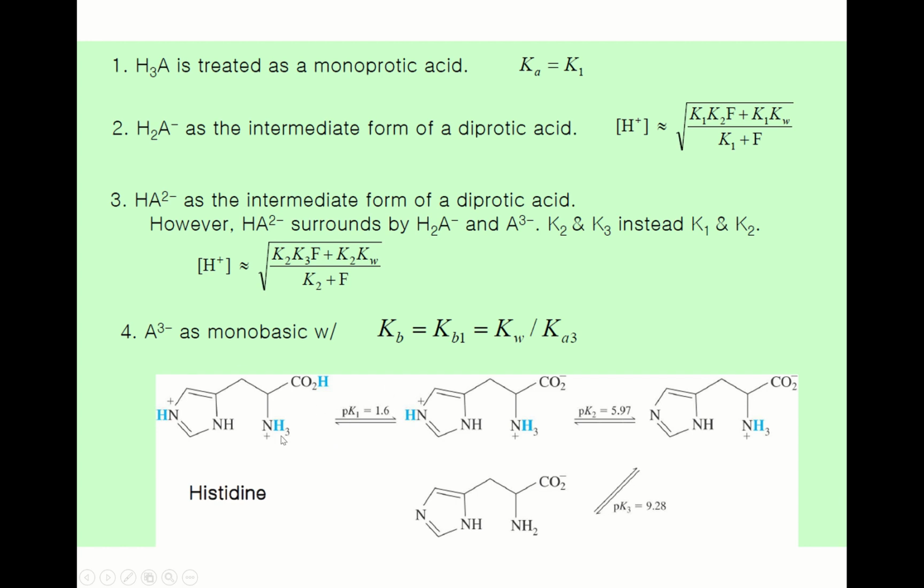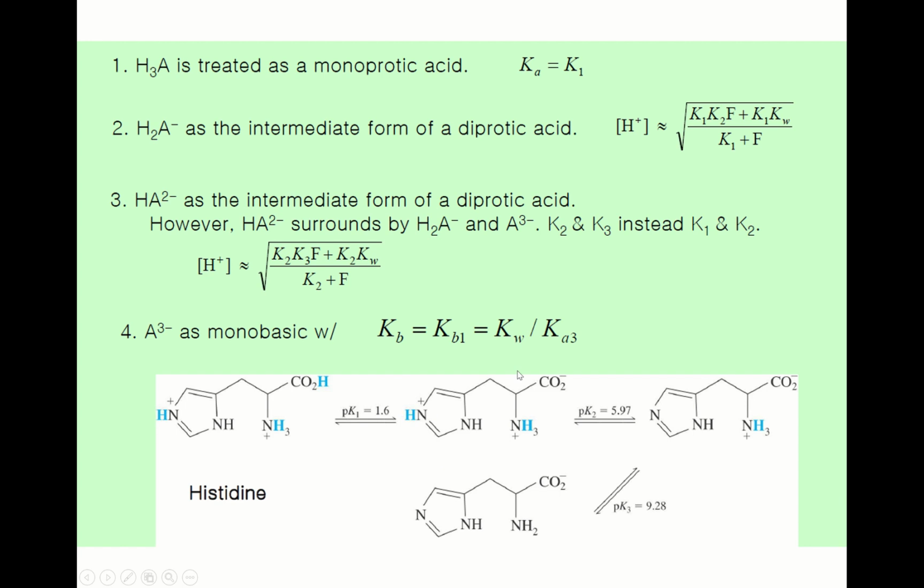When this is dissolved in water, the solution is a rather strongly acidic solution, and then this one further dissociates. This is the H3A form, this one is the H2A- form, this one is the HA2- form, and then this one further dissociates to the fully dissociated form, the A3- form. And for each dissociation, someone already obtained pK values.